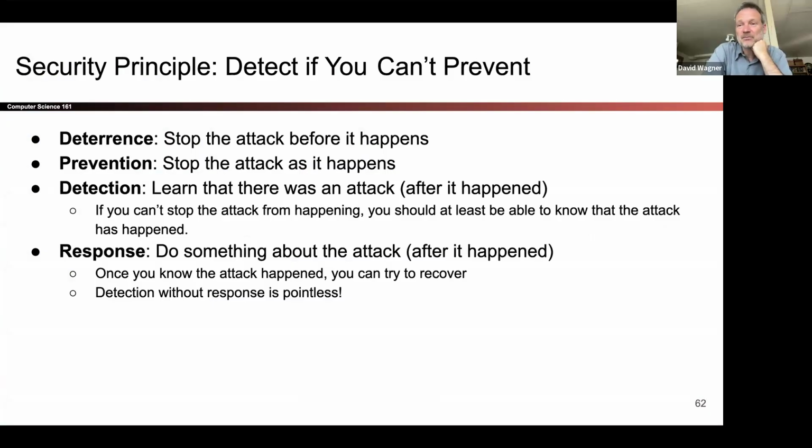Or another way is, if you can detect the attack, you can quickly respond and fix it: kick the attacker out of your network, repair the damage, get back to where you were, be safe again.